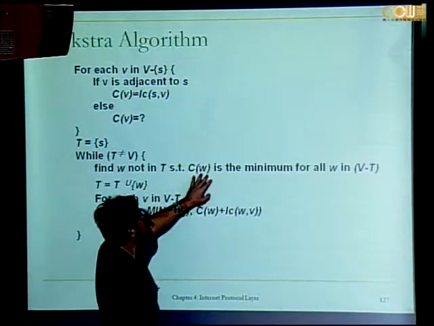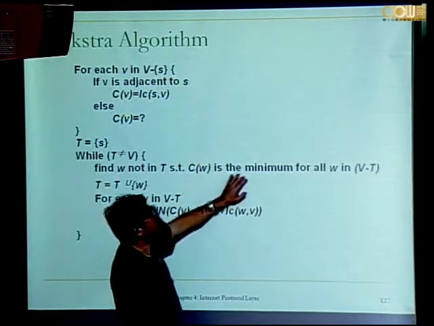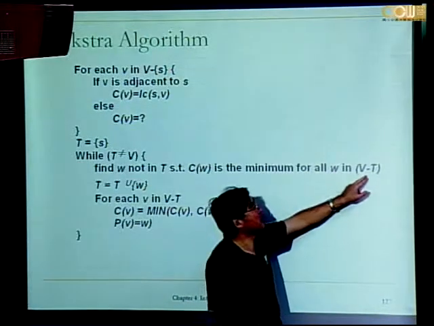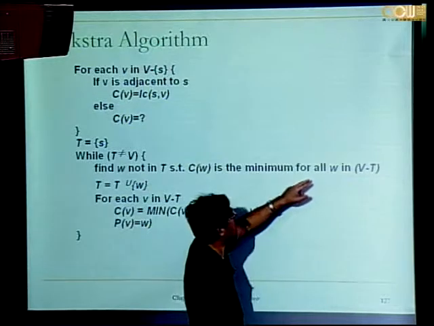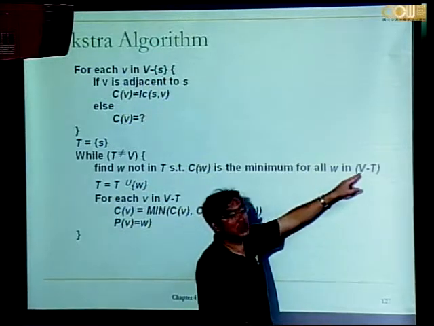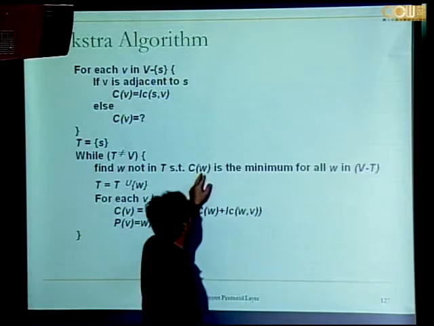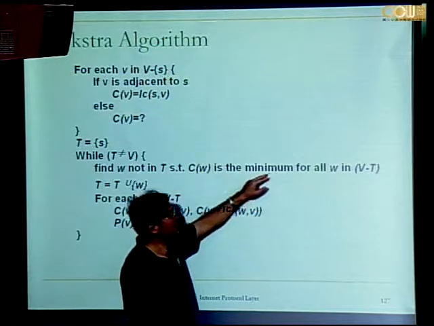The cost of W, which is its label, is the minimum over all W not yet in T. So that's what is labeled already but not yet marked. And I want to pick the one with the smallest label.